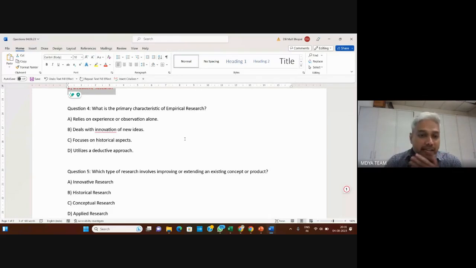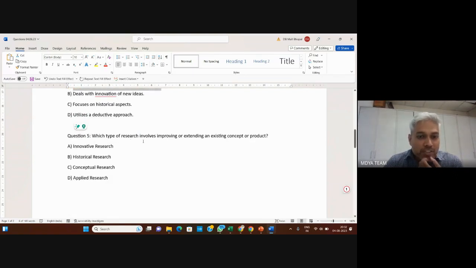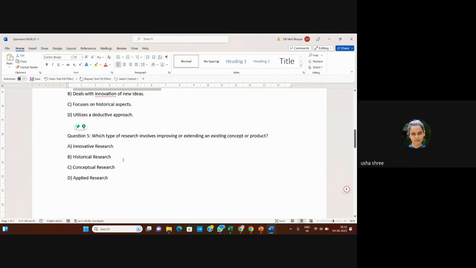That is empirical. It relies on experience or observation alone. Which type of research involves improving or extending an existing concept or product? Incremental, right. It is incremental.